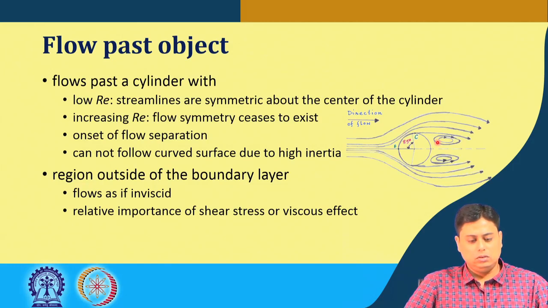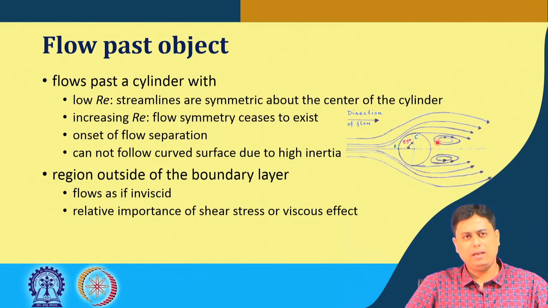So, outside this boundary layer, flow behaves as if this is an inviscid flow. That means the viscosity is 0, but that does not actually happen. But again, the high Reynolds number can be achieved with a very high fluid velocity, very high characteristic length, and similar parameters.